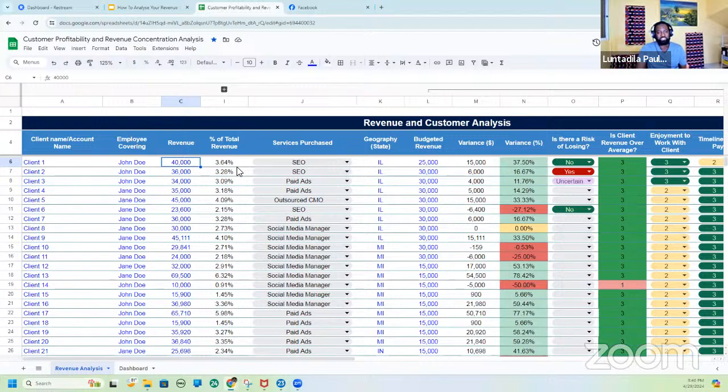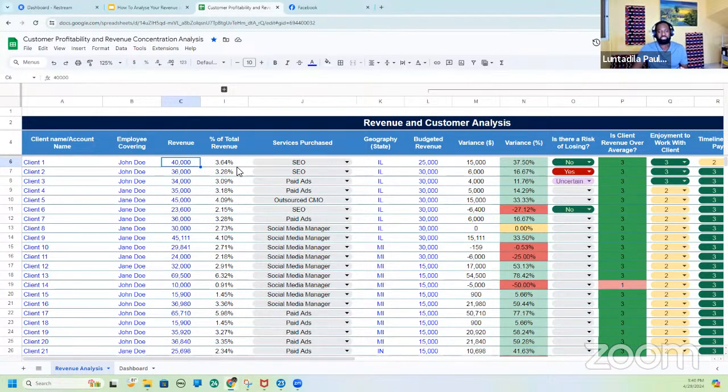Okay, we need to ask the question whether it's a good or bad variance. One question that we can ask ourselves in our firm or our team is, is this revenue increase sustainable? Can we expect to see the same level of revenue increase next year, for example? Okay, that's a very important question to ask.